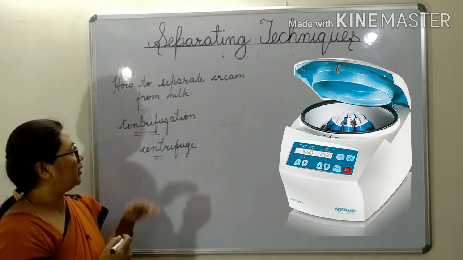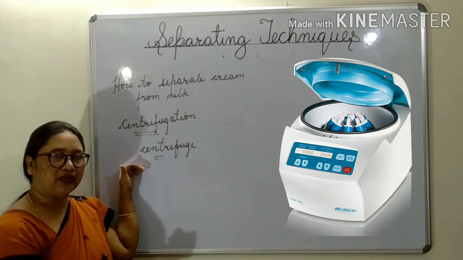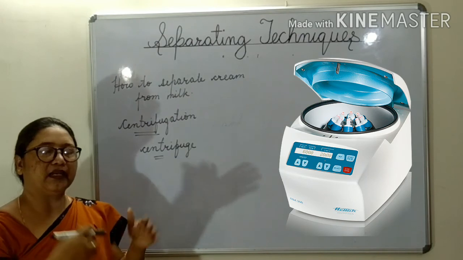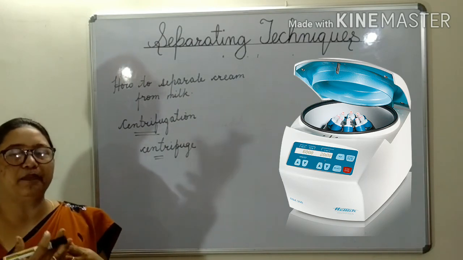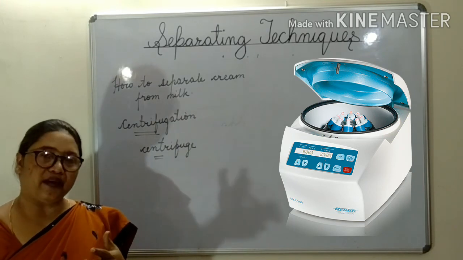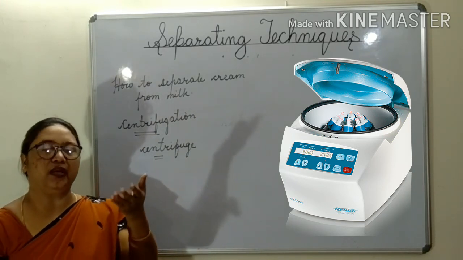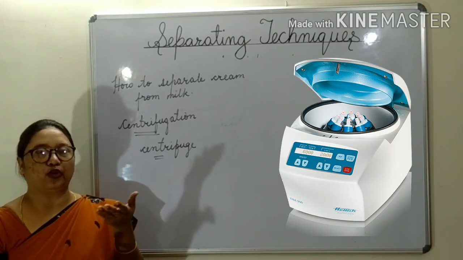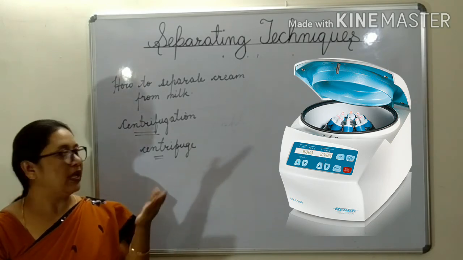And what is the principle of this method? The heavier insoluble particles are forced to move down, whereas the lighter particles will come to the top and float on the mixture.